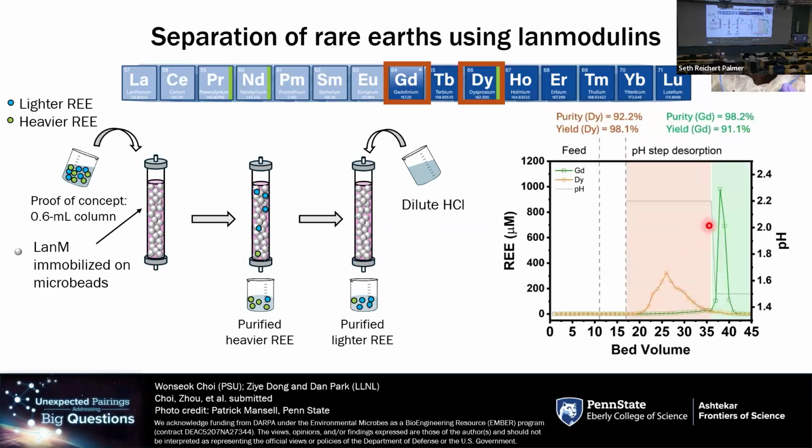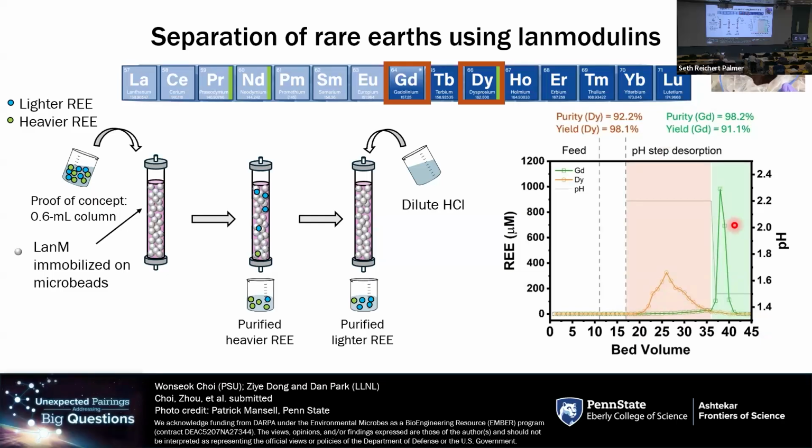Furthermore, if we consider a real world feedstock, it is going to have many more rare earths, especially if we start at the mining stage rather than the recycling of waste stage. So being able to differentiate much closer rare earths is really important. And even in this case of gadolinium and dysprosium, so here's dysprosium and here's gadolinium, we get pretty good separation of these two metal ions.